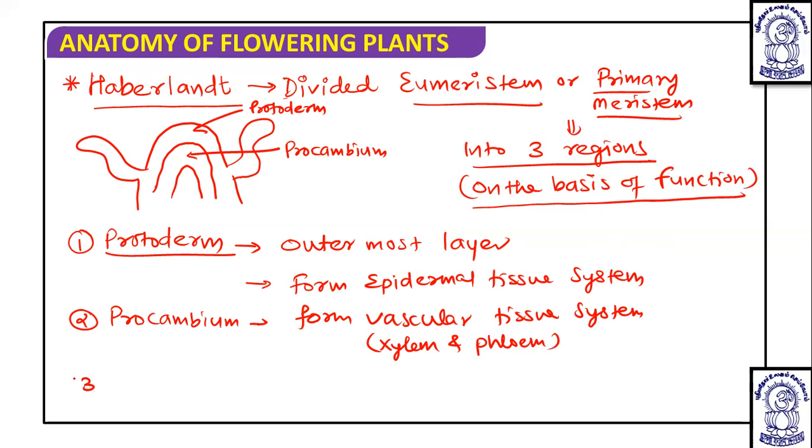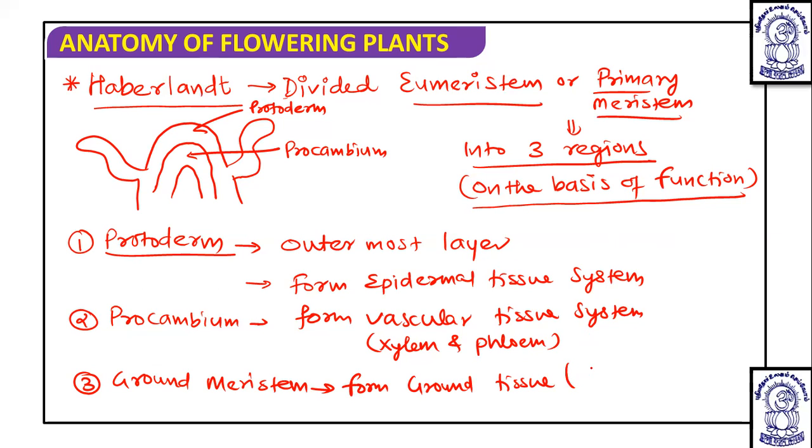Whereas third is ground meristem. And this ground meristem forms ground tissue. Ground tissue includes what?